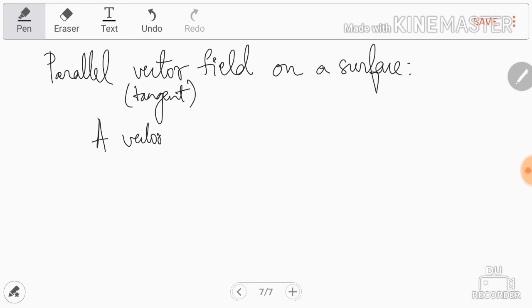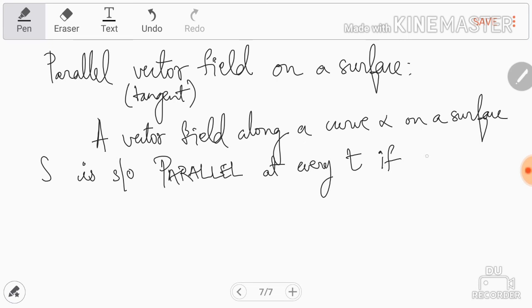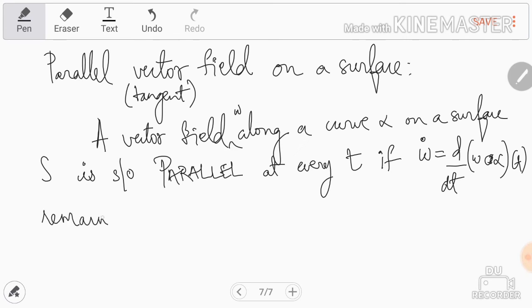So a vector field along a curve alpha on a surface S is said to be parallel at every t if W dot, that is d by dt of W o alpha of t, remains normal to the surface S at every t.